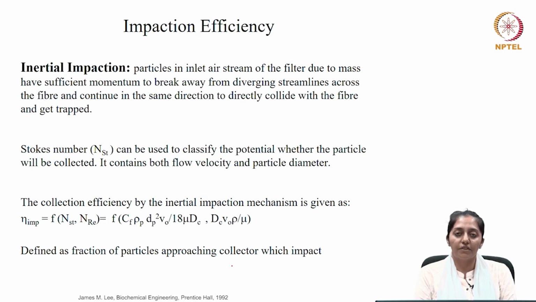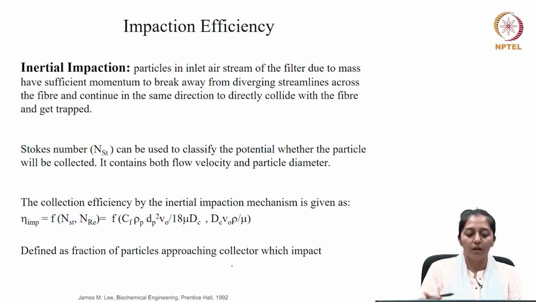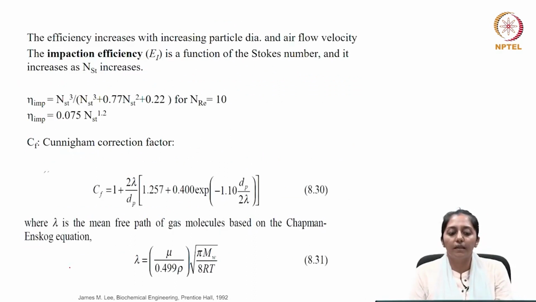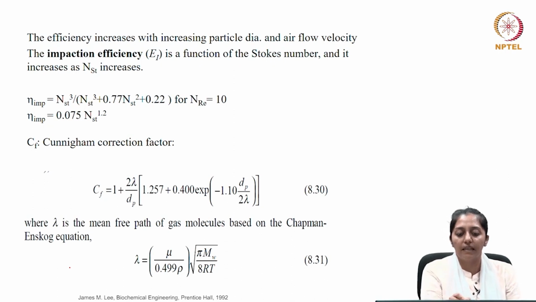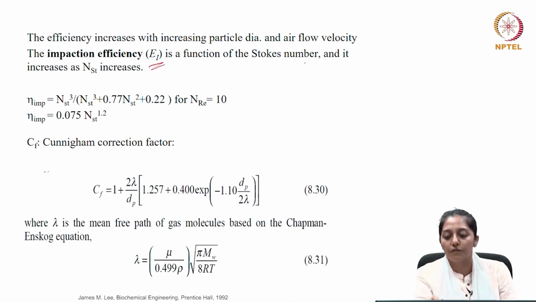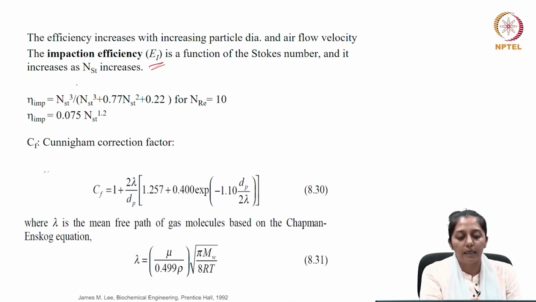So, the collection efficiency by the inertial impaction mechanism is given as a function of the Stokes number and Reynolds number. Efficiency would increase with the increasing particle diameter and the airflow velocity. So, impaction efficiency, if it is defined as EI, is a function of Stokes number and it increases as the Stokes number increases.